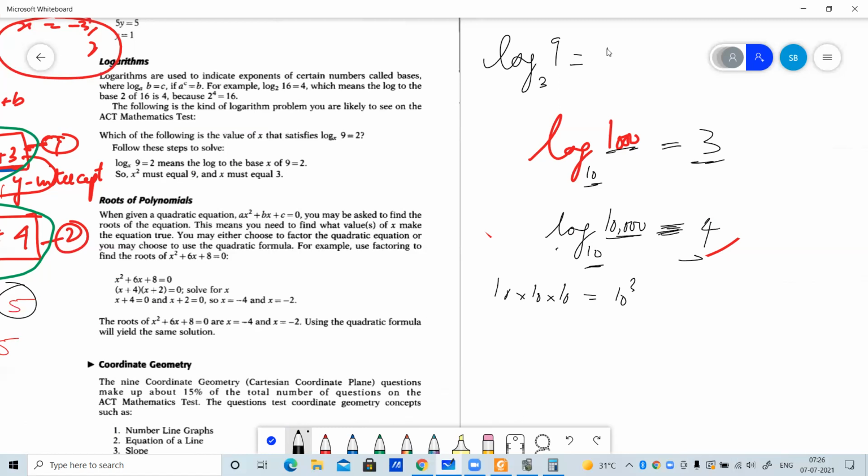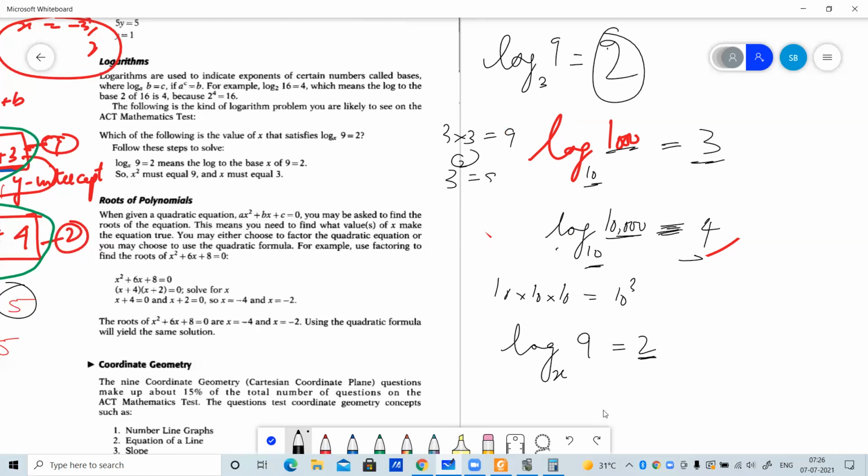How much is log of 9 to the base 3? 2, because 3 times 3 is 9. So 3 squared is 9. So we have to raise 3 to the power 2 to get 9. Now, if log of 9 to the base x is 2, it's given. Now there is 2 here. What is x?